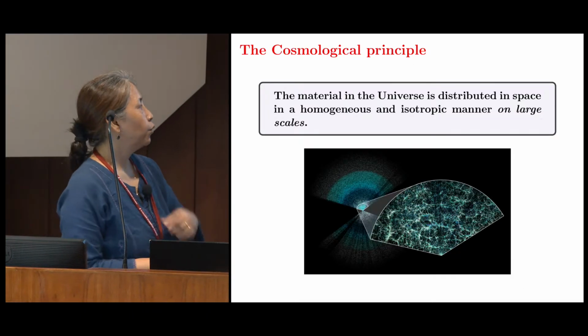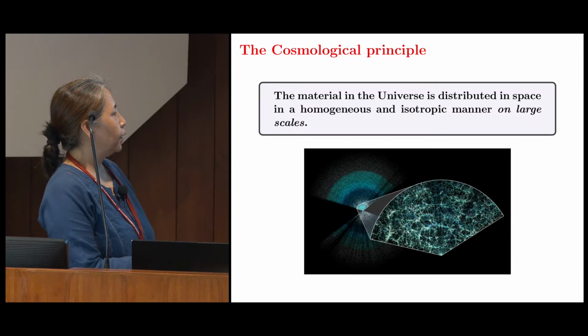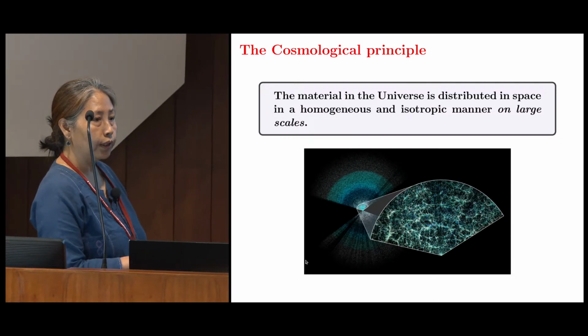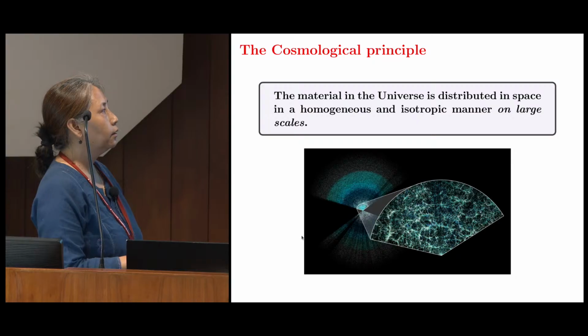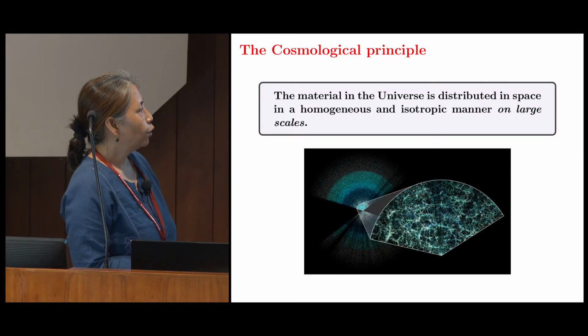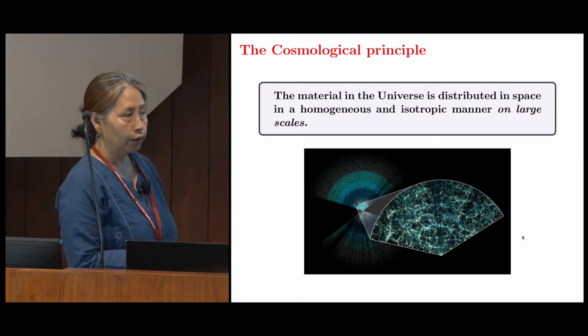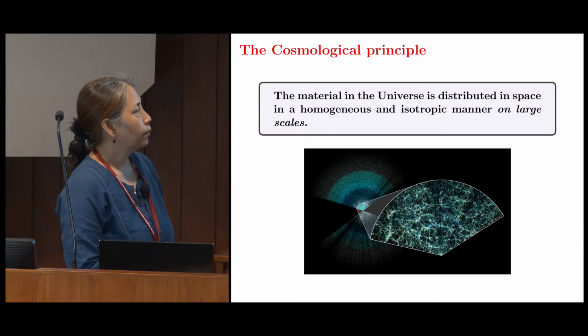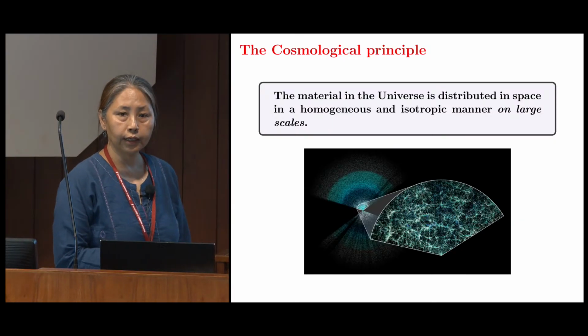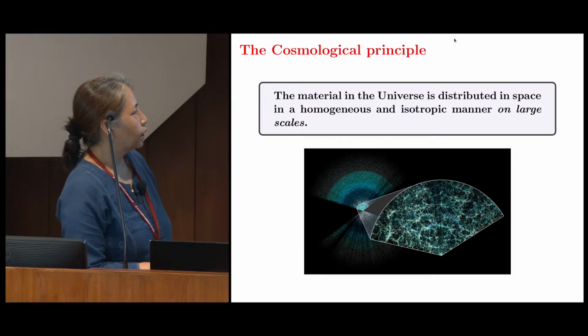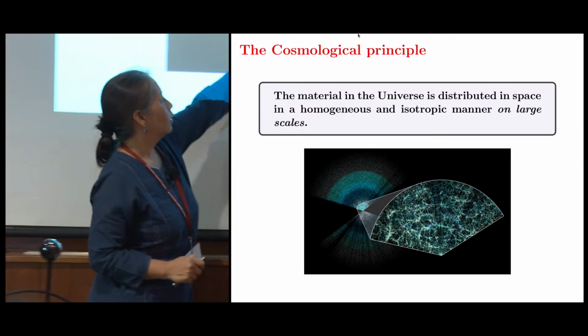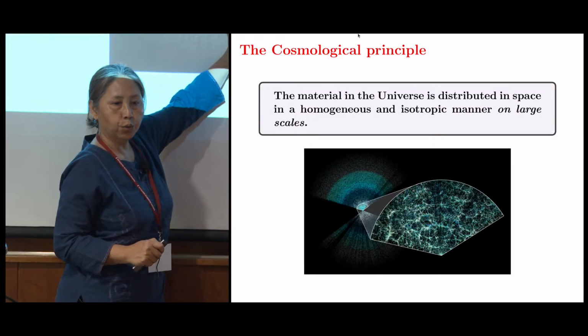Now to answer your question, this is today's measurement of how matter is distributed, and you can see here that on small scales it is not isotropic, but if you average over larger and larger scales, maybe you will say the matter in this region and the matter in this region is equal.